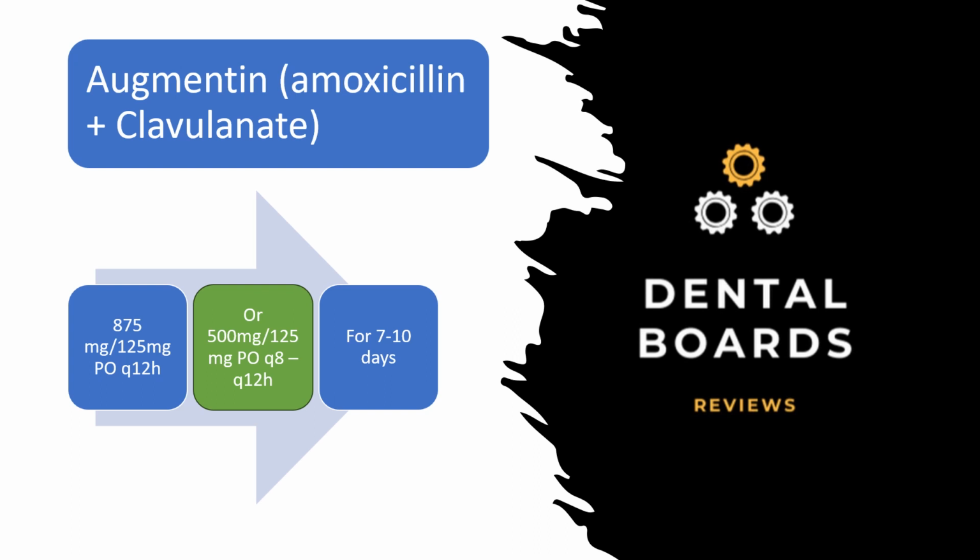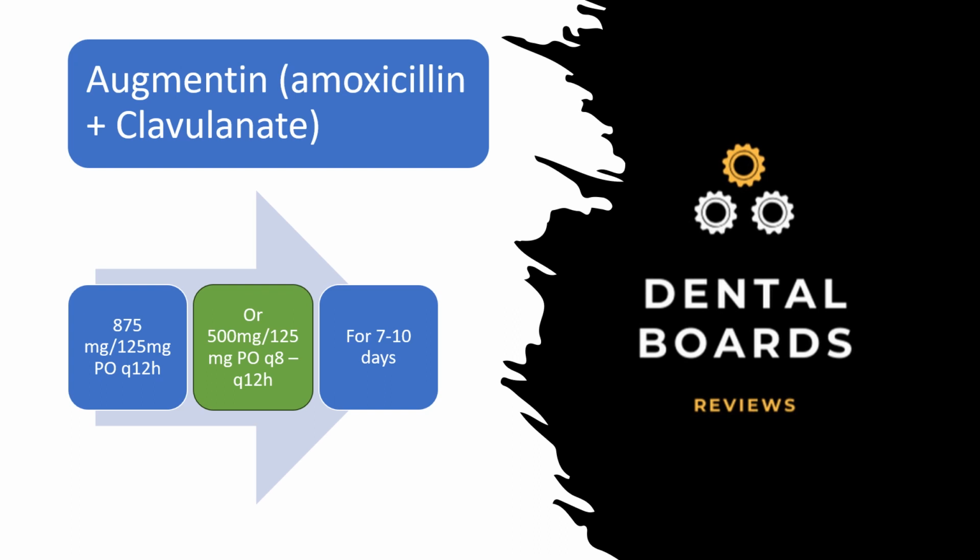It's more efficient because Augmentin is amoxicillin with clavulanic acid. Remember, clavulanate is a beta-lactamase enzyme inhibitor, so it prevents the bacteria from having resistance to the antibiotics, which is the reason Augmentin is very efficient in eradicating most of our dental infections.